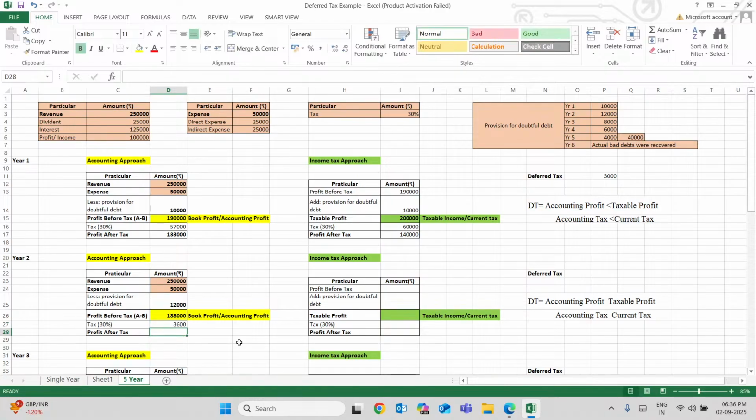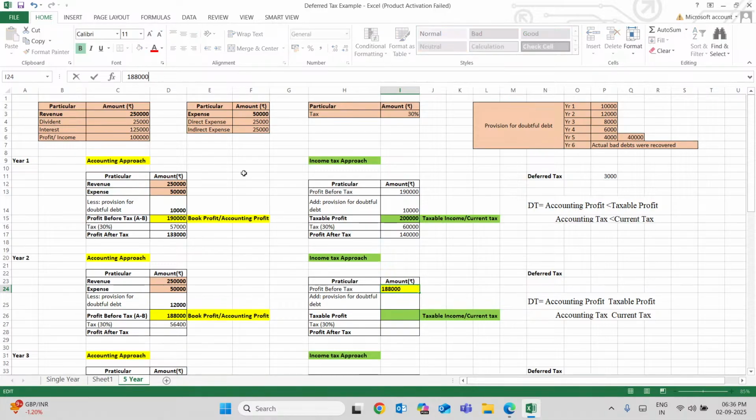So here we have a tax of 3,600. Okay, I have taken the wrong value, so we will take this one. We have 56,400. Now we will take this value right here, we'll put it right here. Okay, actually that is derived from a formula, so I have to manually put it.